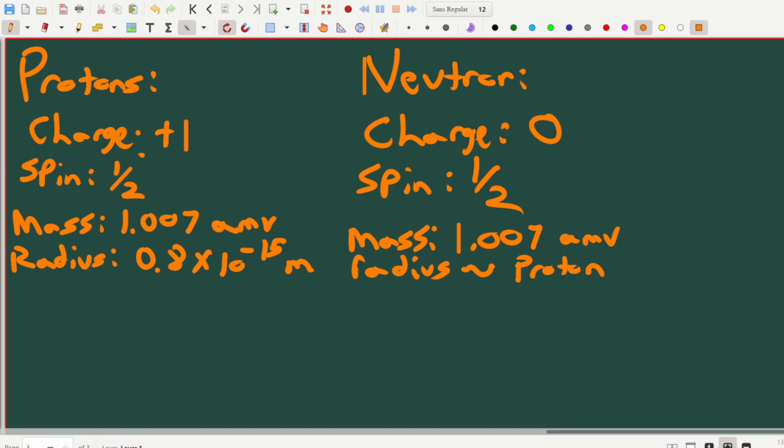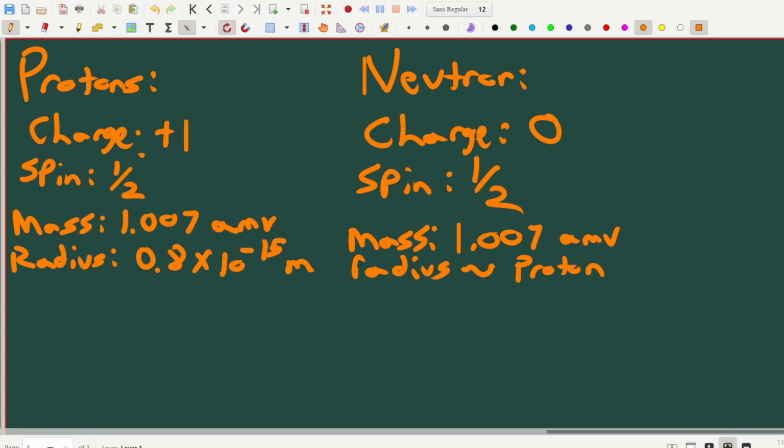Now, the interesting thing is that you can take a proton and split it apart. If you take a proton and put it at really high energy, the proton falls apart and the neutron falls apart. It turns out that they have constituents inside them. The proton and neutron aren't fundamental particles.